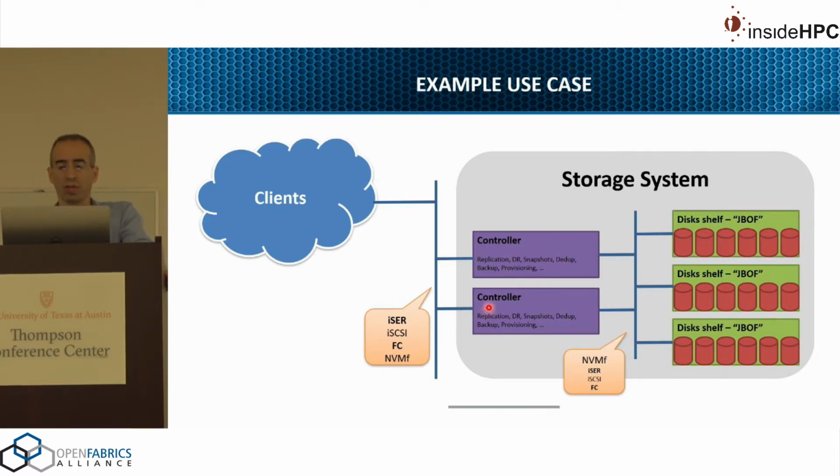And the controllers can connect to the JBOFs themselves also with one of those protocols, and NVMe Over Fabrics is one of them, which maps very nicely to an actual NVMe disk that resides on the JBOF.